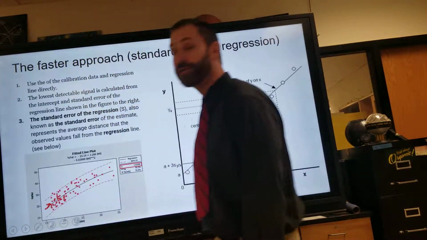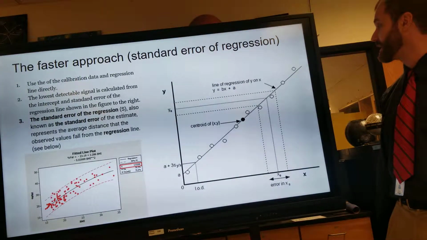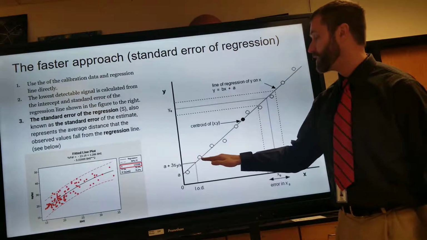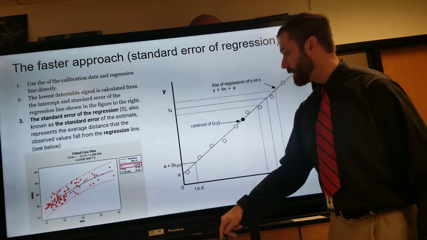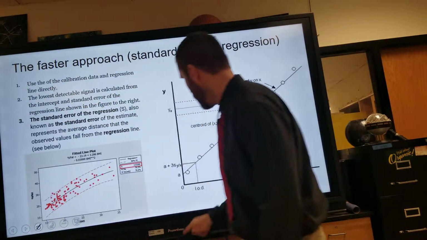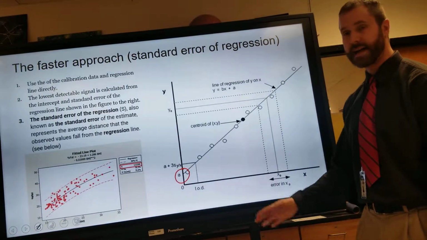And the quicker way is using our calibration curves. I will show you guys a calibration curve in a second, but typically what we're going to do is take that calibration curve. We're going to need a couple things off of it. We're going to need where it intercepts the y-axis.